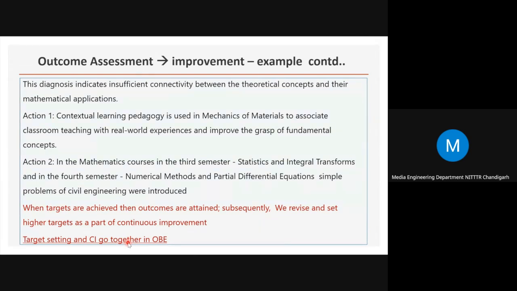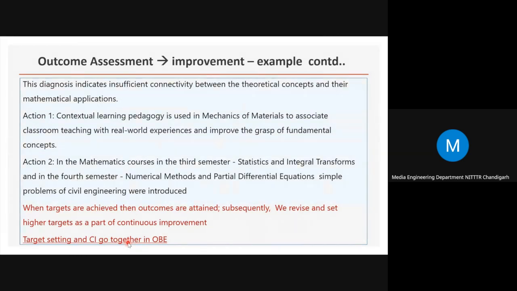The first action is that contextual learning pedagogy is used in mechanics of materials to associate classroom teaching with real world experiences and improve the grasp of fundamental concepts. So they modified the teaching learning methodology, the learning pedagogy, right? And the second action they identified is that they introduced problems of civil engineering so that the civil engineering students are able to understand those mathematical subjects.